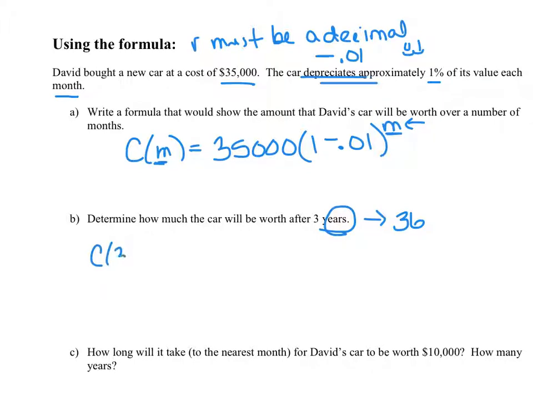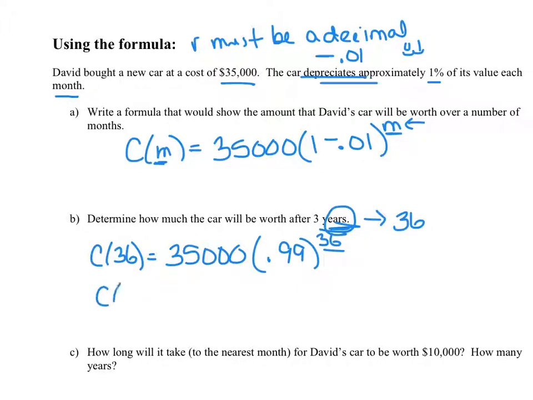So C of 36 is equal to 35,000 times 0.99 to the 36 months. So remember, make sure that this has to match this. If it's months, then you have to convert it to months. So just simply type that into your calculator and see what you get.